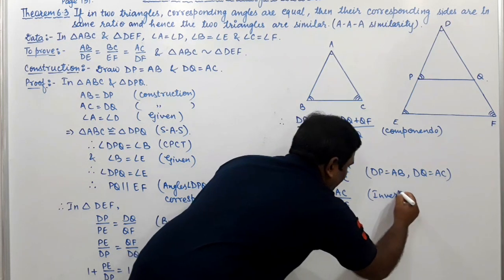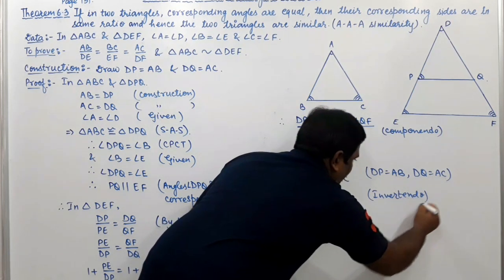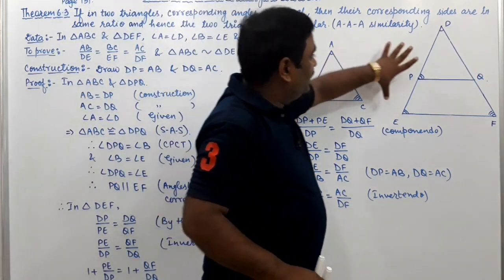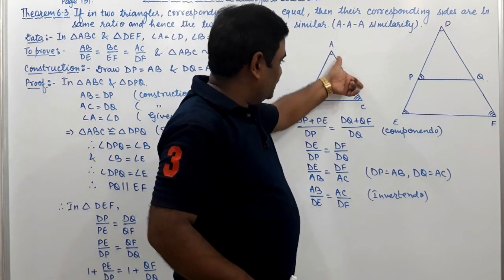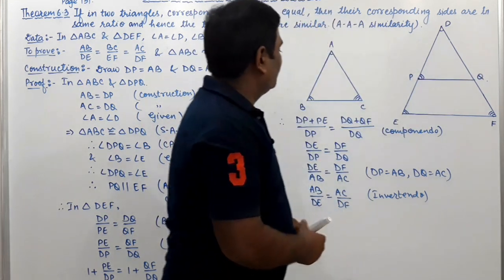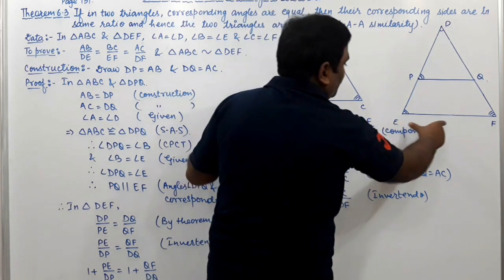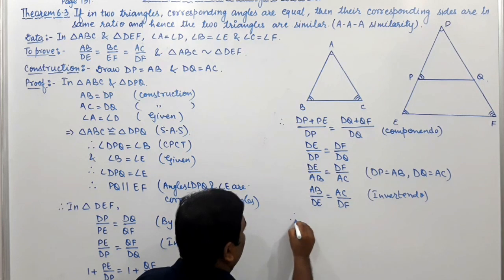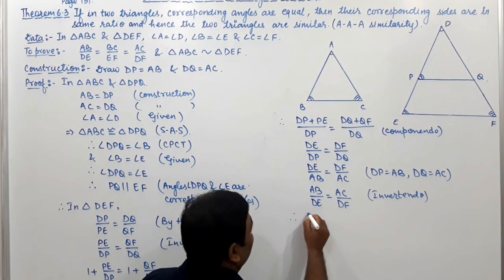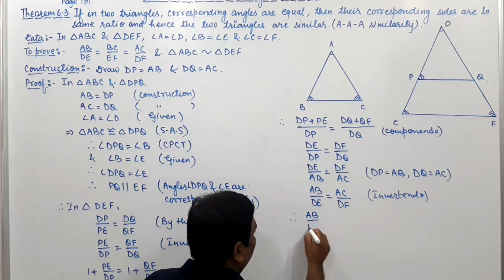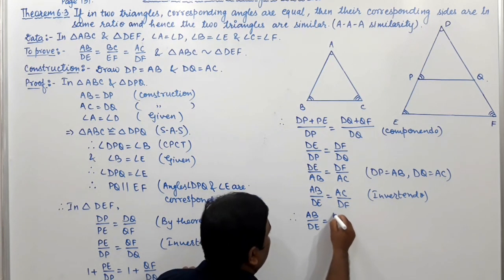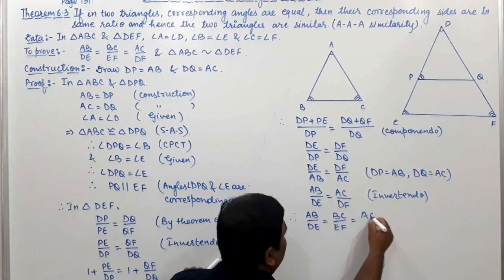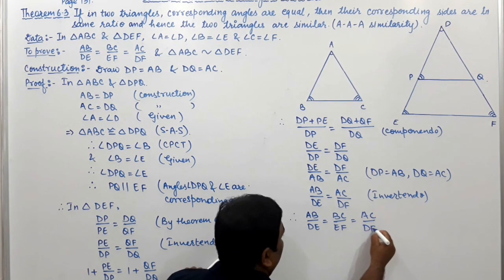Now similarly, AB upon DE equals AC upon DF, and this will also equal BC upon EF. So similarly, AB upon DE equals BC upon EF equals AC upon DF, right friends.